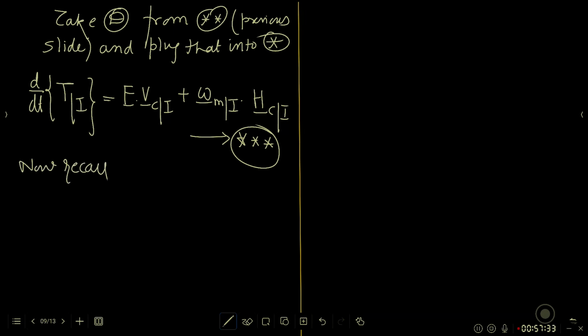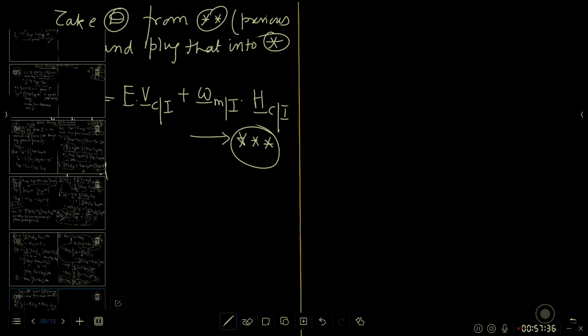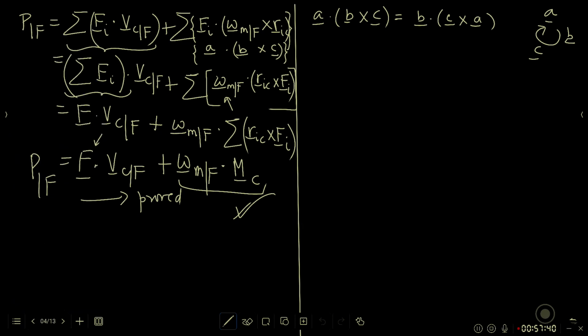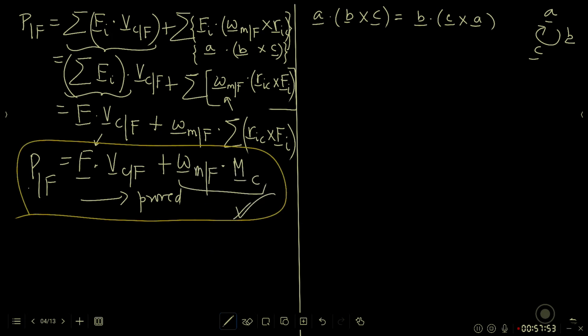And once you put the frame F equals I, you will get F dot VCI plus omega Mi dot MC, right? Let's call it 4 star, slide 4.